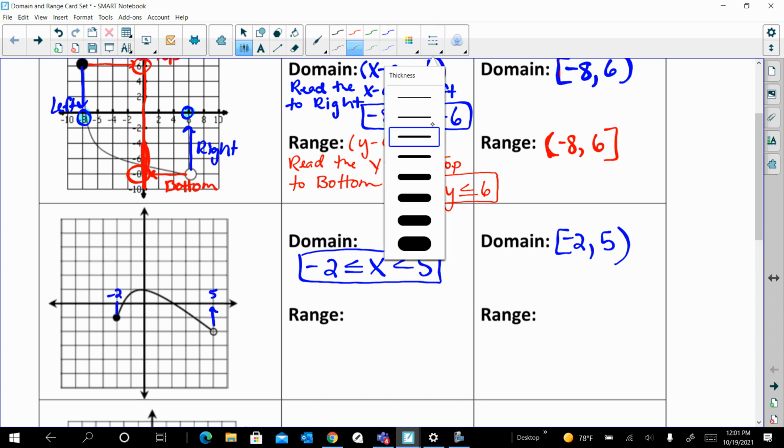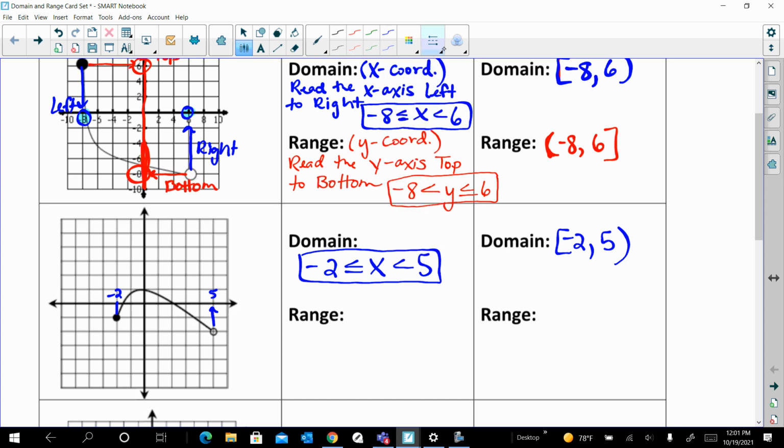Now your range is dealing with the top to bottom. The highest part of this curve is right here. This would be the top of the graph. The lowest part of the graph is here, and that happened at -2.